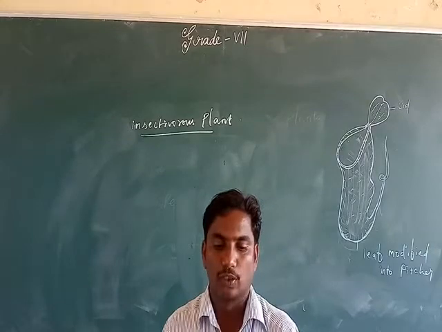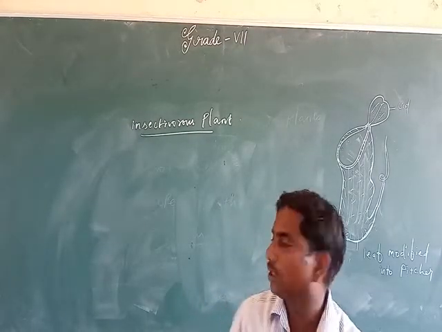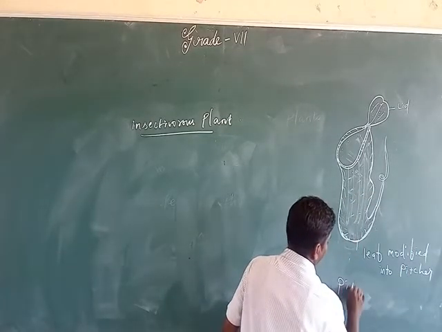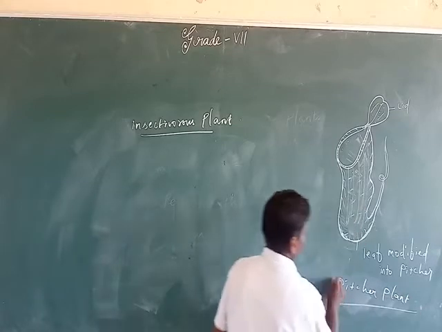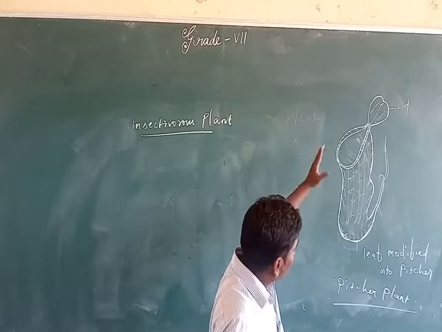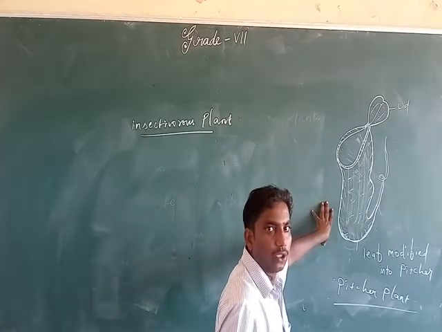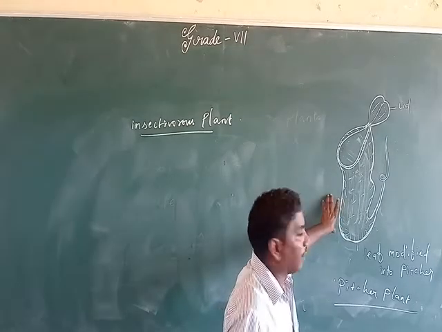Okay, so first one. This is one of the plants, the pitcher plant. That is a pitcher plant. This plant has most nutrients, but some nutrients are not enough for this plant.